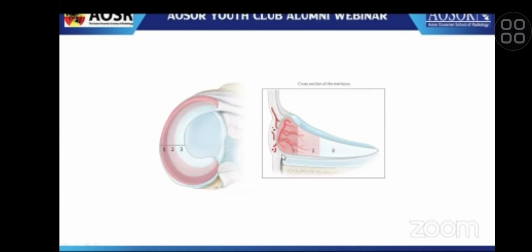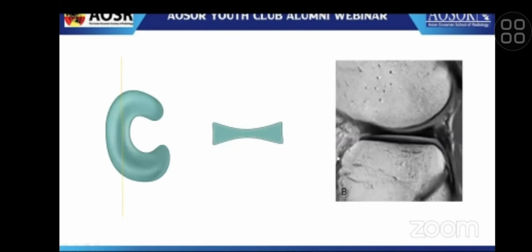The vascularization of the meniscus is so important because we have three zones. First is the red zone, second is the red-white zone, and third, the inner edge, is the white zone. Why should we know this? When a tear is located in the red zone, it may heal spontaneously, but tears in the third zone do not heal by themselves, and they may require surgery.